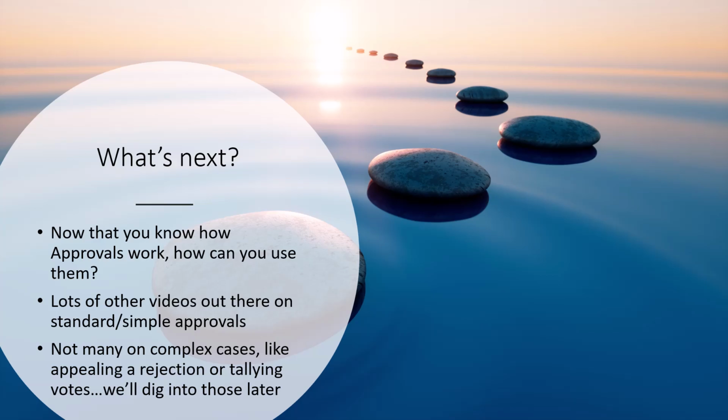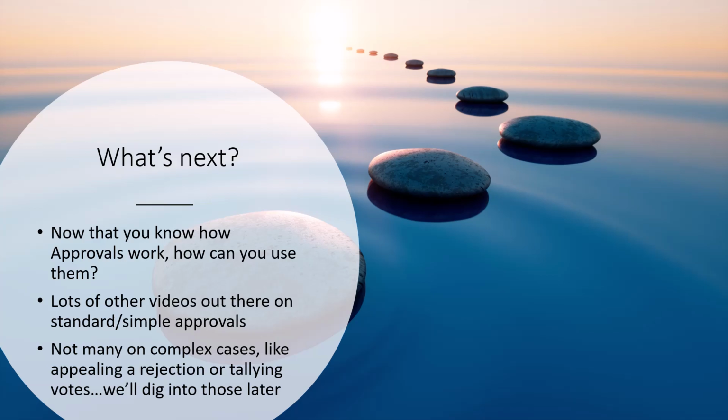There aren't a lot of videos on more complicated cases, things like how do you build an approval process where people can appeal it? So if it's rejected, then give them a way to resubmit it for approval. So modify the thing and then reapprove it, or basically reevaluate it for approval.